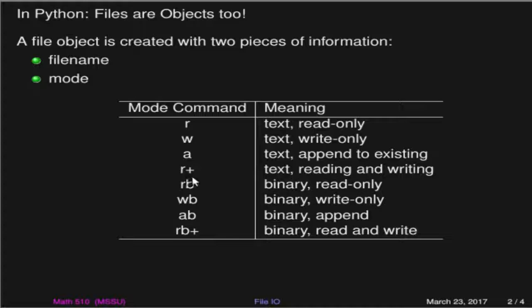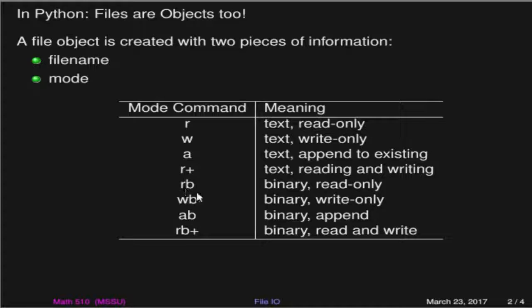We can do read and write, and so in one file, again interacting with it as a text file, or we can interact with the file in terms of binary, so just ones and zeros, if we want to interact with it that way. Those are kind of the same attributes, but we add a B onto the end of it to say that yes, we're reading and writing in binary mode.